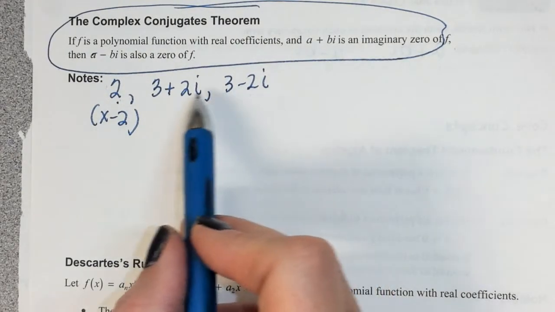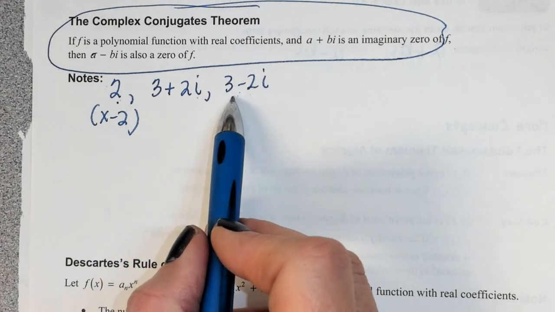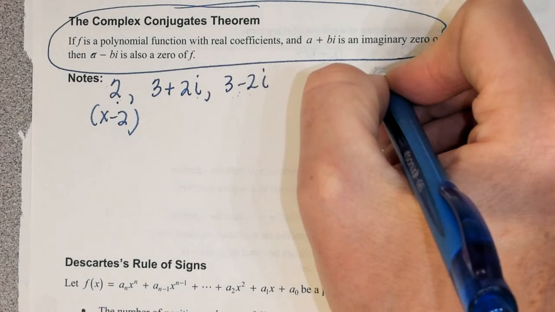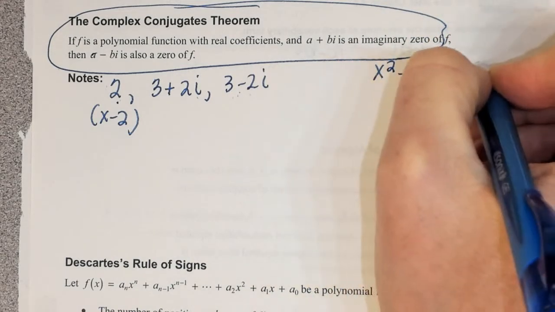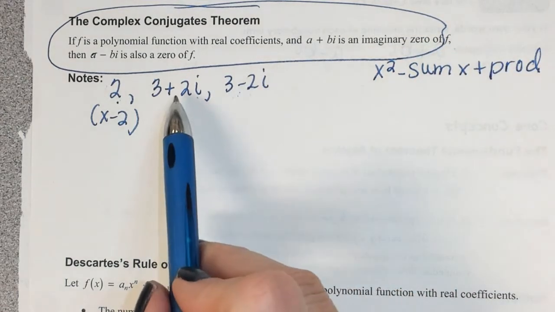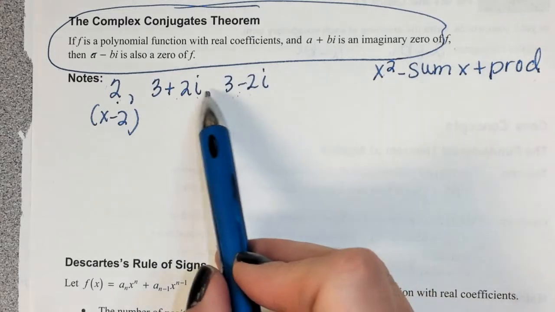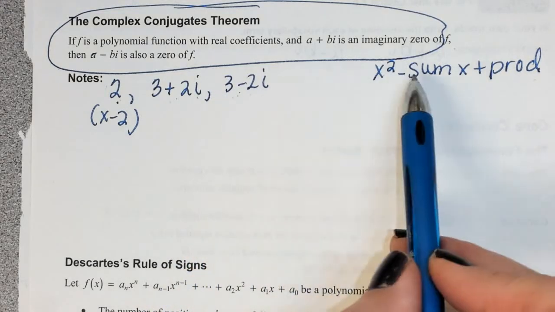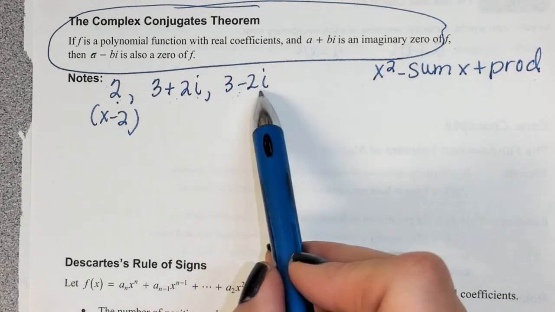For these two, if I want to find the factor, these are two solutions. So I want to try using this: x squared minus the sum x plus the product. Because that is going to tell me what function has these solutions. In other words, what was the factor that produced these zeros?